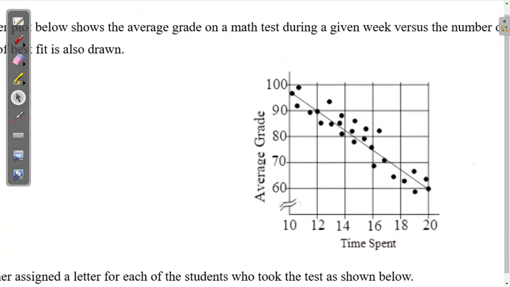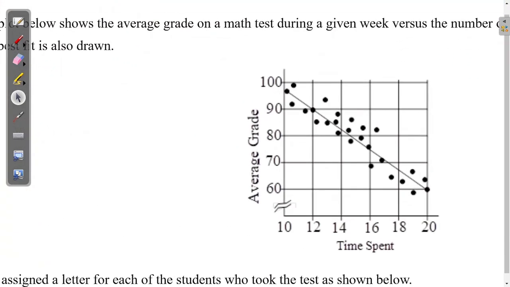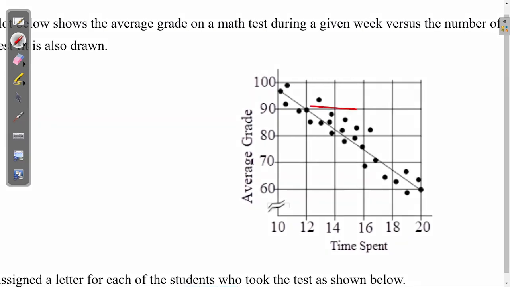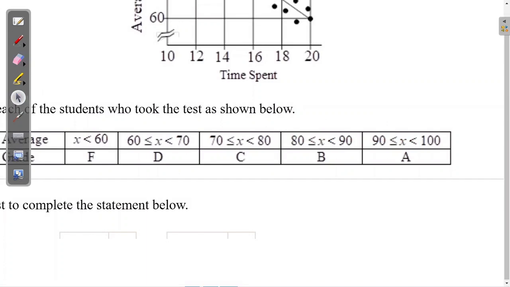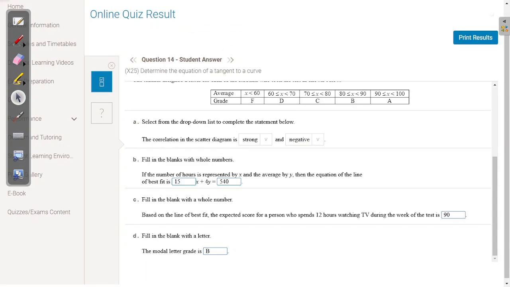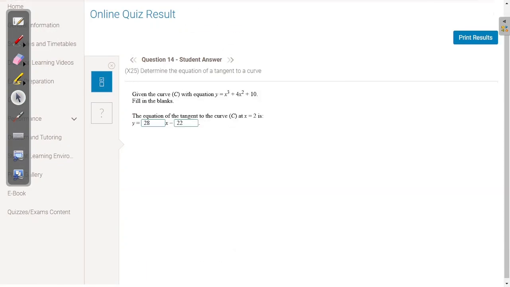Okay, so you look between 60 and 70, there's a little. 70 and 80 also a little. 80 to 90 there's a lot. 90 and 100 there's a little. So it's here obviously. And from the graph it says between 80 and 90 is B. I'll leave this one for later.